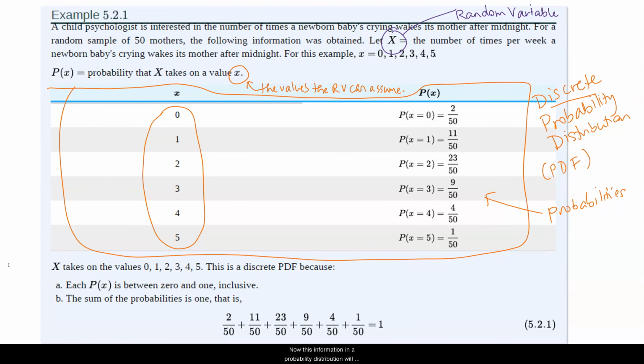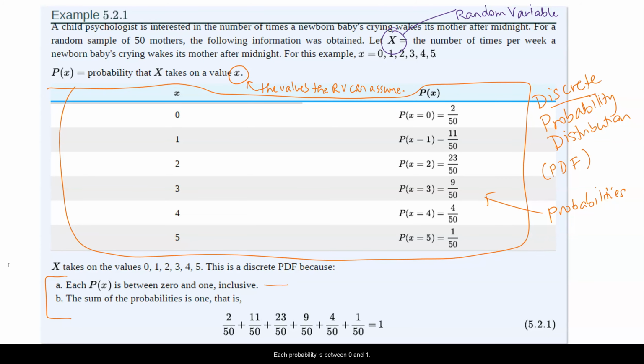Now, this information in a probability distribution will either be given to you as a table like it is here, or it could be described in the text above, or it could be described by a function itself, like in algebra, and you'll see some of those a little bit later. But there are 2 properties that a discrete probability distribution must have, and those 2 properties are listed below.